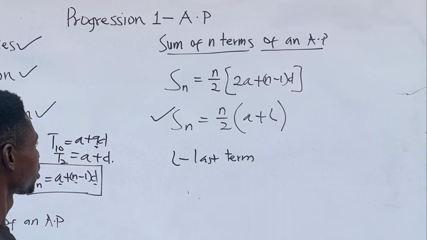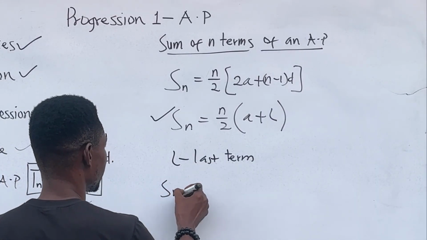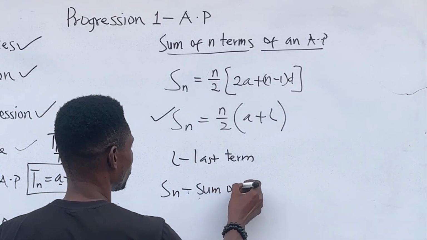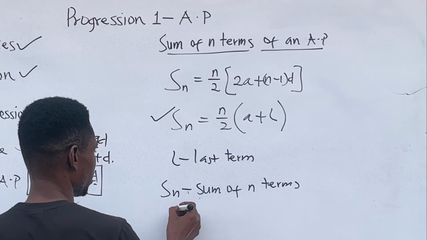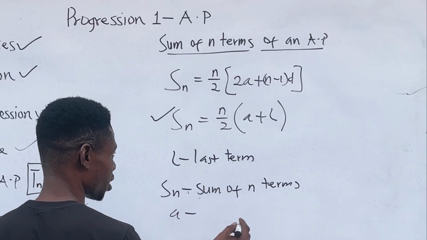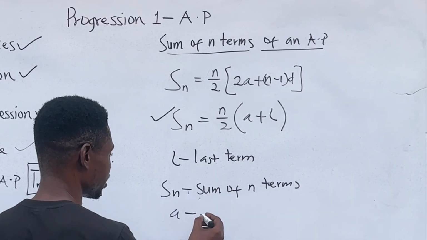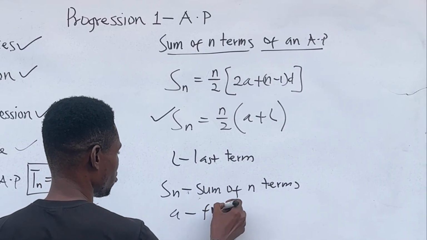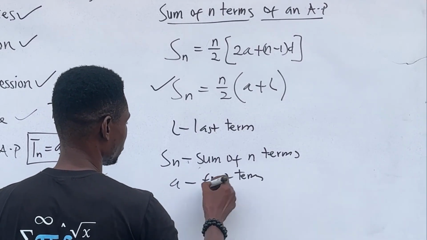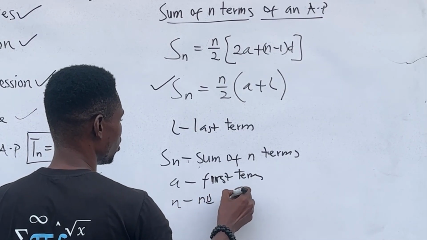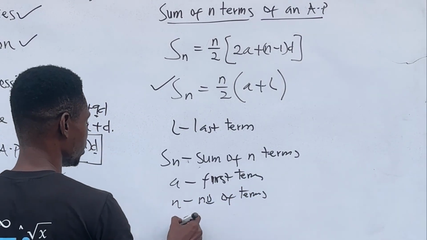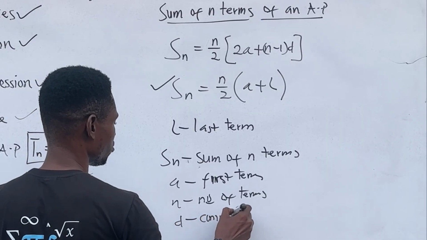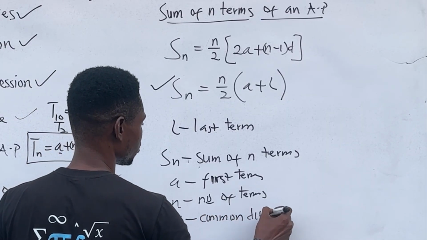Remember that Sn is the sum of n terms, A is the first term, N is the number of terms which you will be told, and D is our common difference.